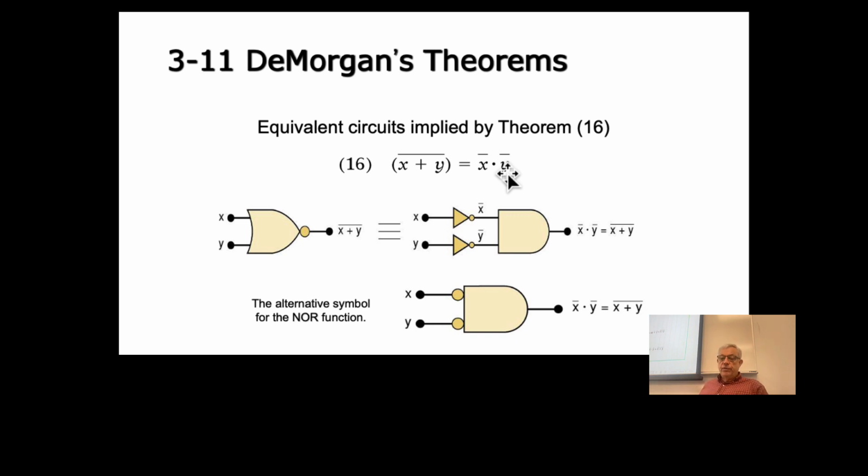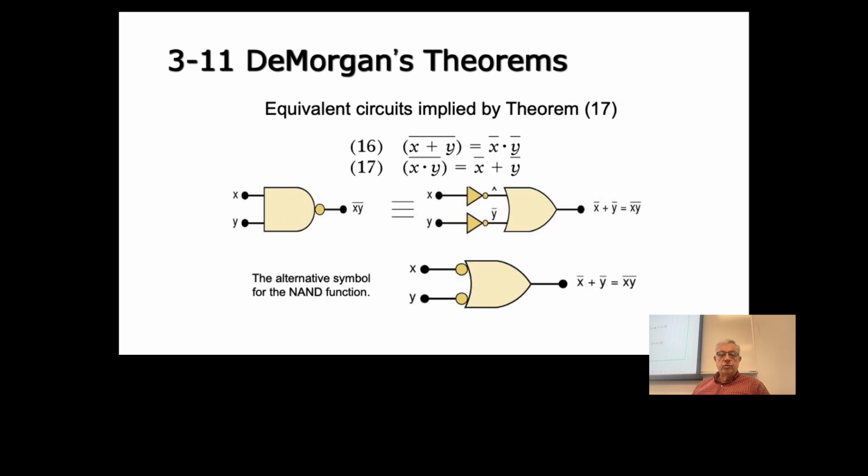And if I were to give you this and say prove that, how would you prove it? Truth table? Just draw the truth table. Draw one truth table for x or y not. Draw a second truth table for x not and y not, and show that they have exactly the same answer, the same solution.